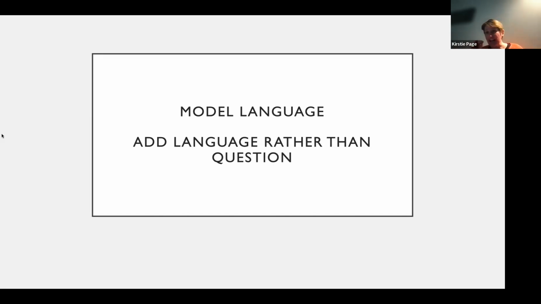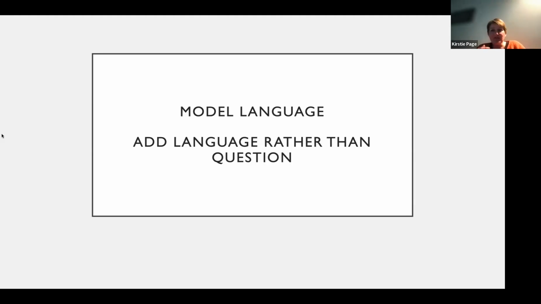They're not our chatty, active communicators. It's really important to remember to focus on modeling language and adding language rather than being a questioner. When I ask a question, I'm using a sentence of a certain grammatical structure that requires a certain type of answer.